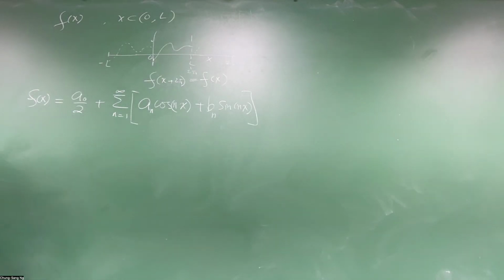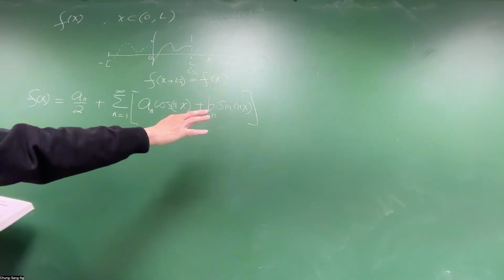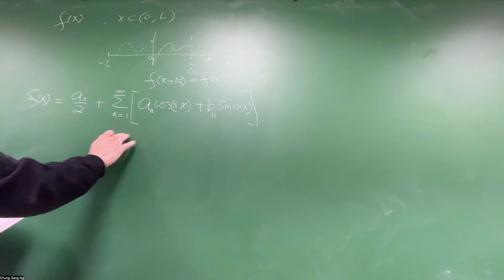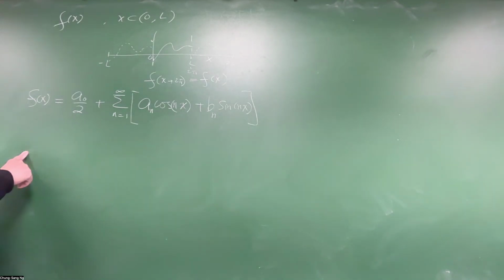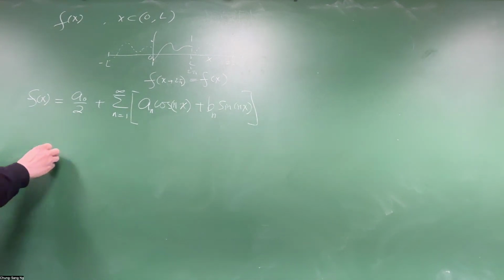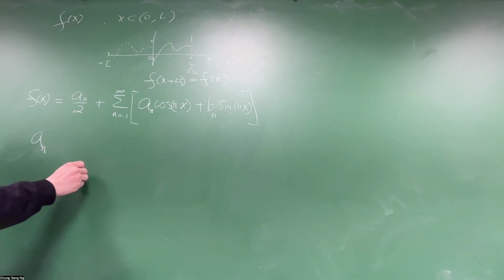Now this is just an assumption. You assume that you can do that, and you still need to solve for these coefficients. As it turns out, the way to calculate the coefficients is pretty straightforward, and to prove that is actually not difficult.